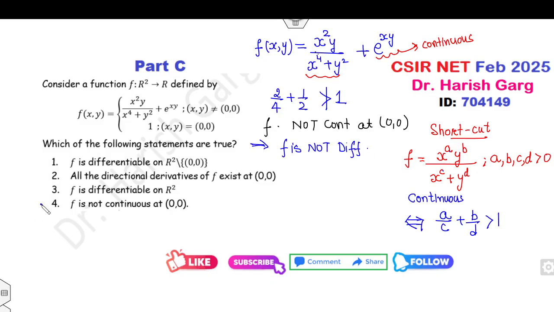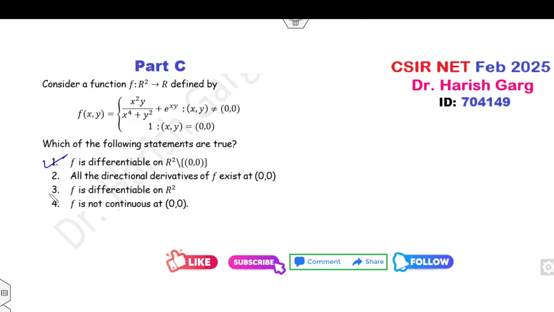Fine. f is not differentiable on R squared because it is not differentiable at 0 comma 0. f is differentiable on R squared minus 0 0, that means apart from 0 comma 0. Yes, they are differentiable everywhere, because it's a polynomial.